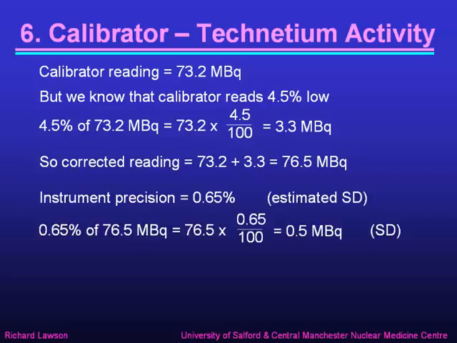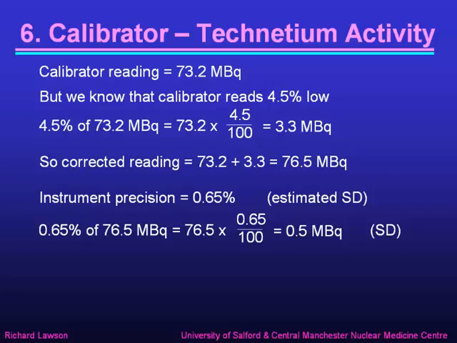But we know that the precision of the instrument is 0.65%. That was its estimated standard deviation. Notice we've only got one measurement here, so we aren't improving things by using the standard error of the mean. We have to rely on just the instrument precision that we determined previously.